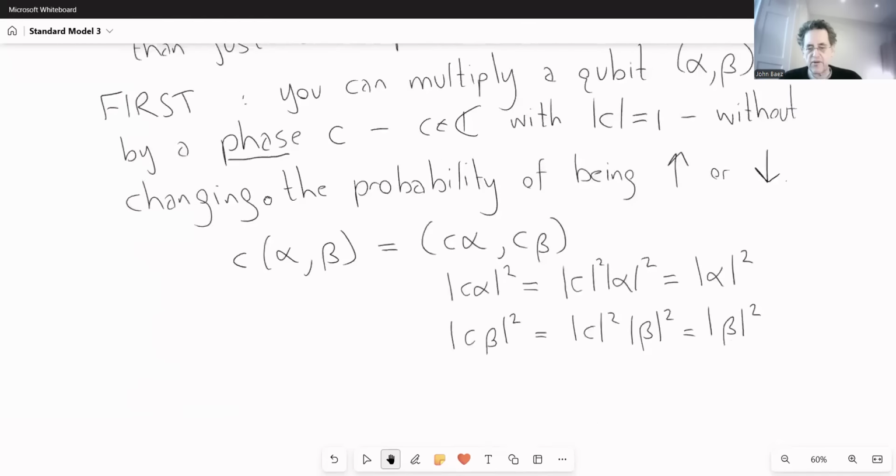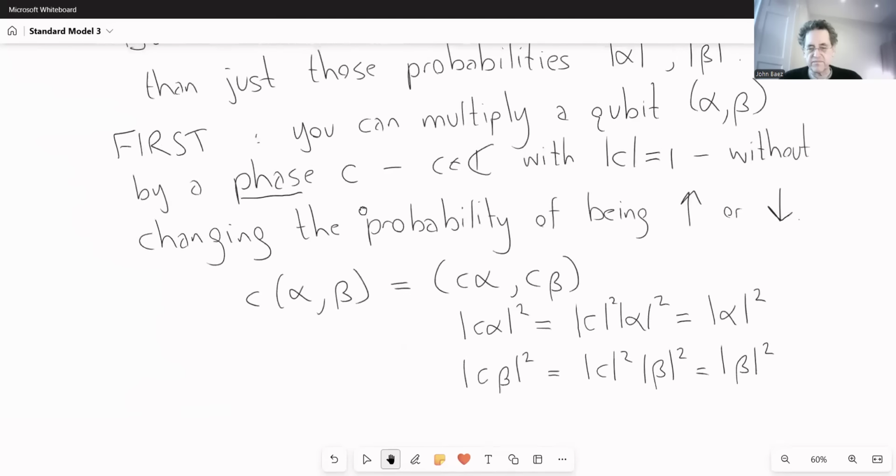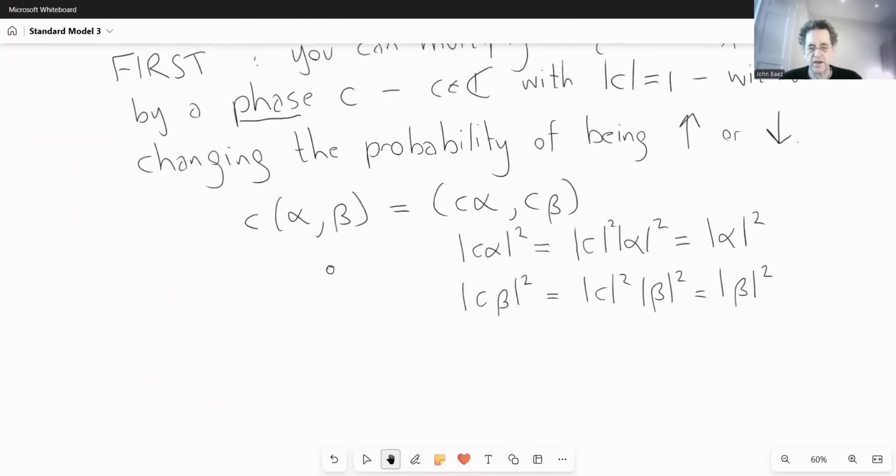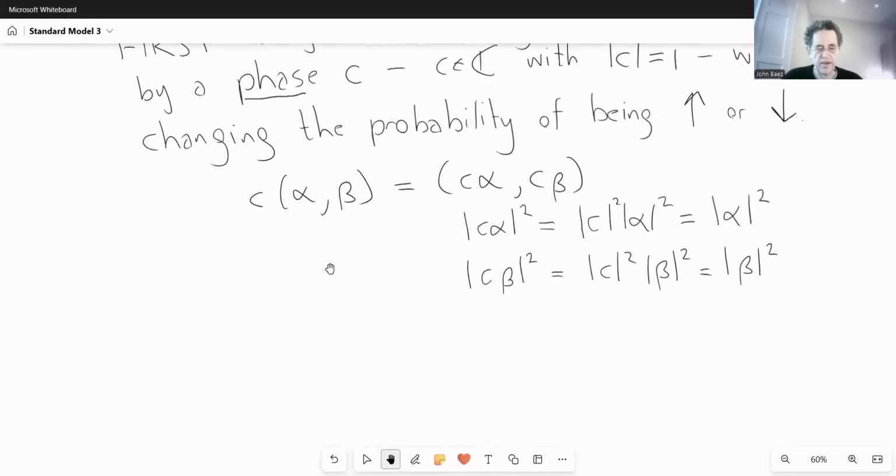There's a lot to say about that, but I just want to draw a picture of what phases are like. So here's a picture of the complex plane. The phases are some of the complex numbers, namely the ones that lie on the unit circle.